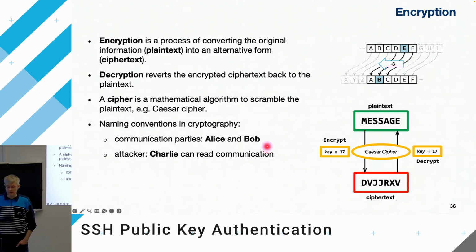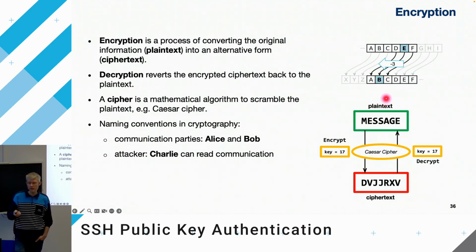And for example, we have here this Caesar cipher. It's a classical one, but quite insecure. And it works like this. You get your plain text and you have some kind of encryption key, for example, 17, and this is used as an offset to just move every letter of the plain text in the alphabet.